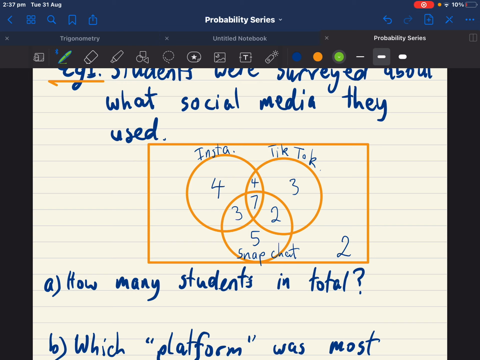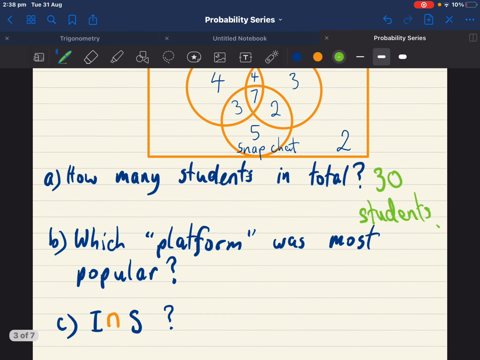Then there's another 2, that's 20, 28. We ended up with 30. That's actually a coincidence. I didn't mean for it to come out to be a nice sort of typical class size number. But if my additions were accurate there, we've got 30 students in total that were surveyed.